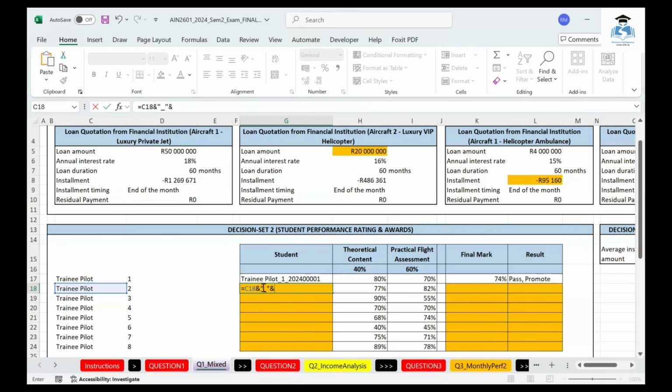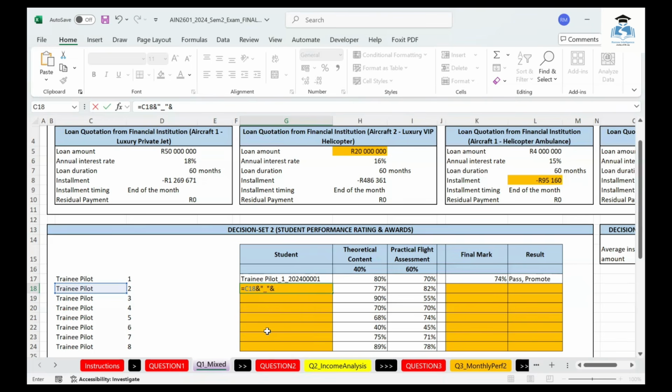Right. So now we did this part, trainee pilot, then underscore. Now we want to move on to the next. Remember, it's supposed to follow: this is 1, this is 2, 3, 4, 5, and go on.